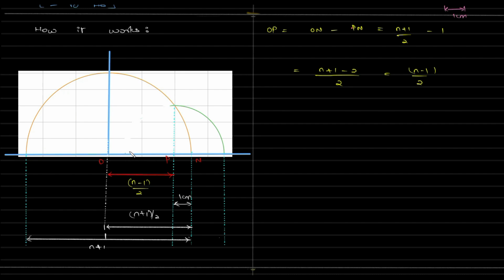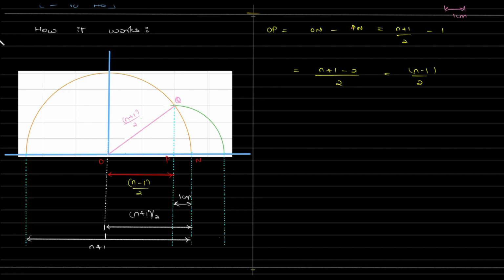Now, if I join from the center to the circumference and name it as point Q, what is the length of OQ? From the center to the circumference, this is nothing but your (n plus 1) by 2. Why? Because it's the radius. So we know OQ, we know OP.